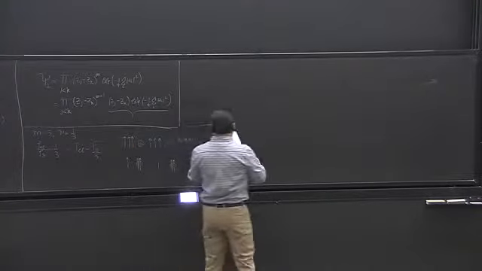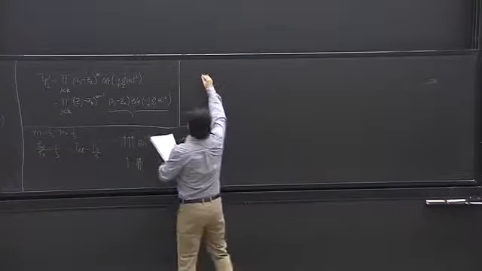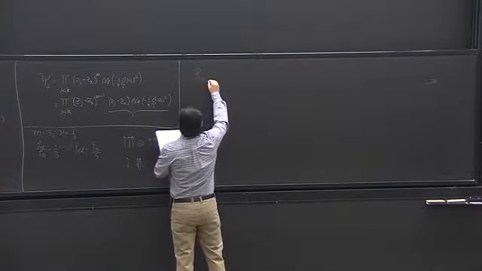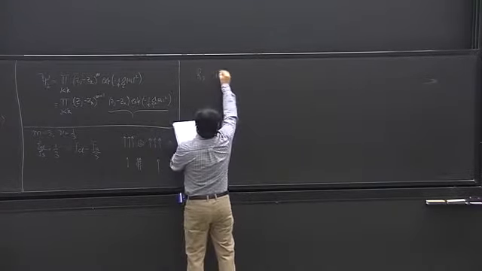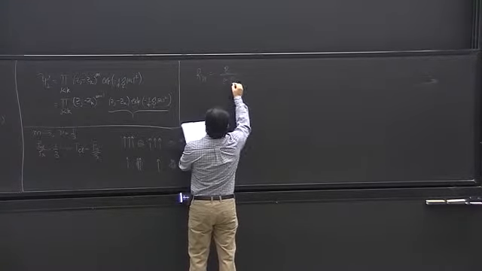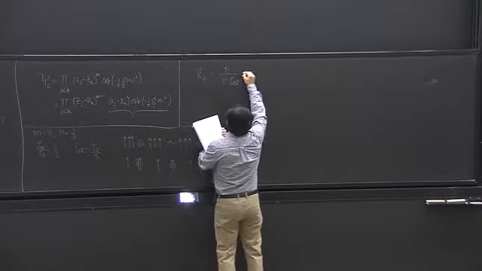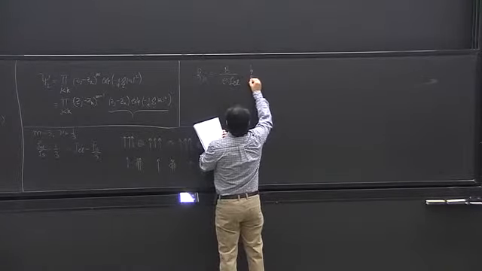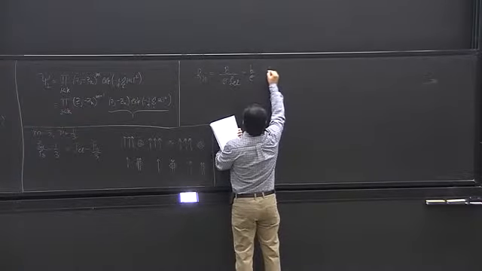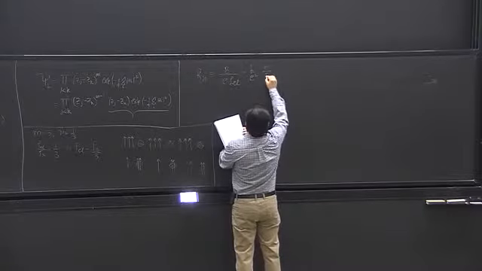So remember the classical result. The classical result, known since the 19th century, said that the Hall resistance should go linearly with the magnetic field. I can multiply this by h over e squared and write it in this way.